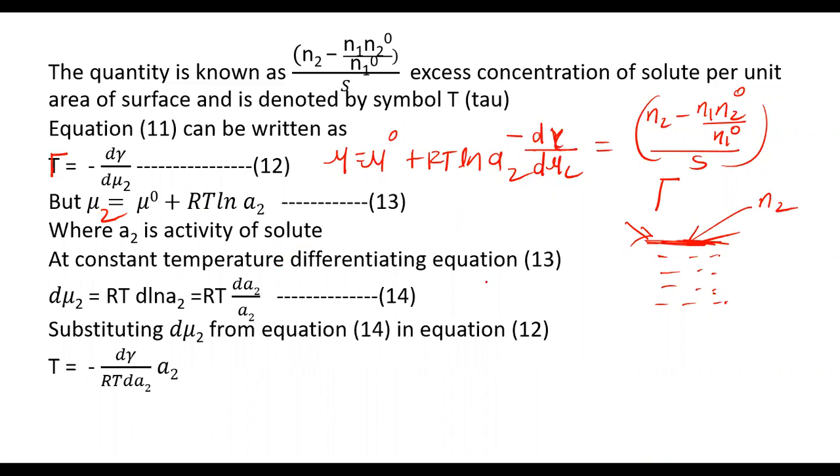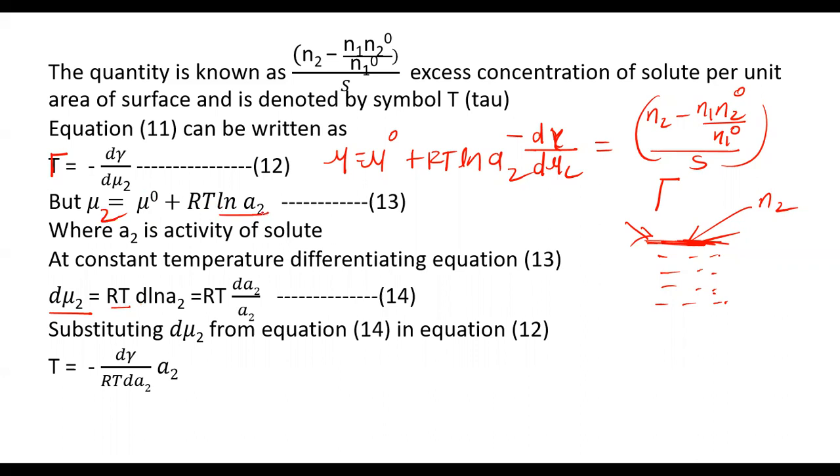Differentiating, we get d mu 2. Mu 0 is a constant term, so it is not differentiated. RT remains the same at constant temperature.